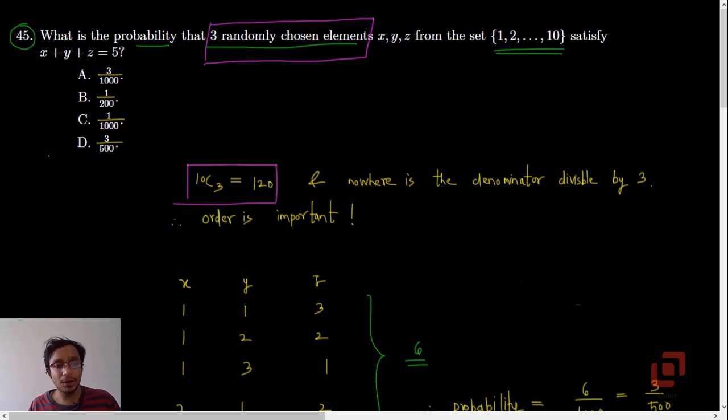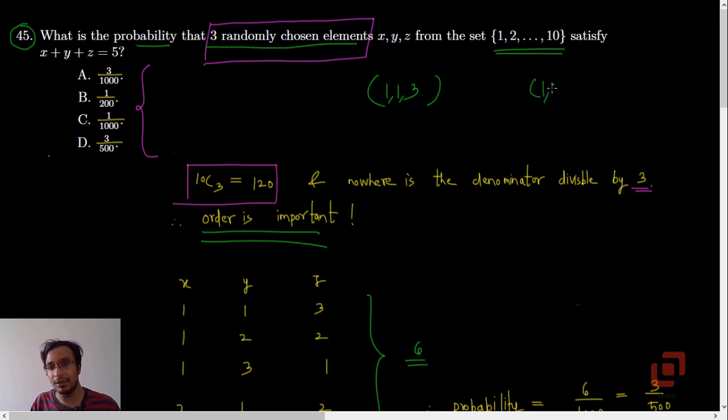But because 120 nowhere makes its appearance in these denominators, none of the denominators is actually divisible by 3. You are forced to conclude that order of choice is important. That means if you pick 113, this will be considered a different permutation than 131. Both are different.